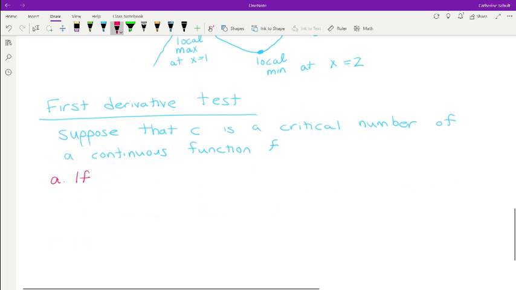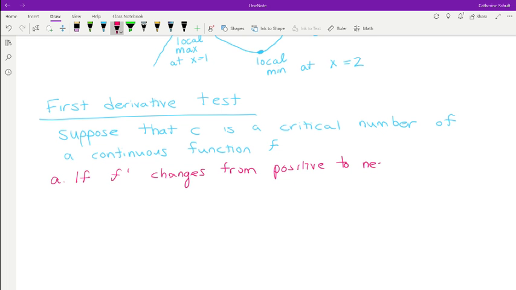So if f prime changes from positive to negative at c, of course, the critical number, then f has a local max at c.